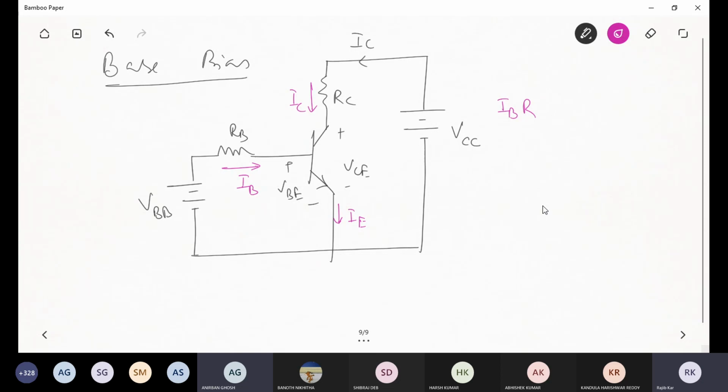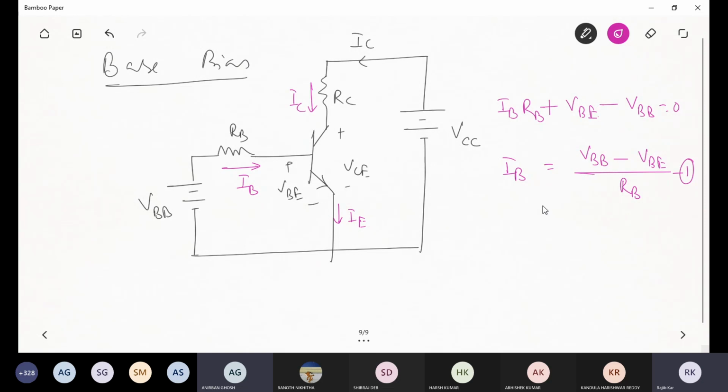In higher semesters, those who will study electronics will include this emitter resistor later. So if you take this input loop, it looks like this: VBB minus IB RB minus VBE equal to 0. So from here I can calculate the value of IB. IB is equal to VBB minus VBE by RB. Let us mark this equation number 1.